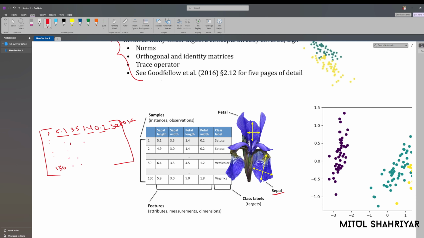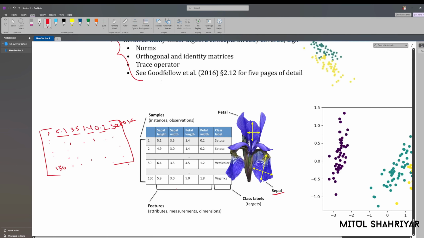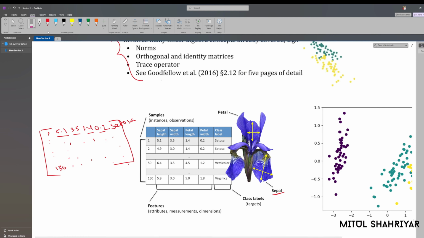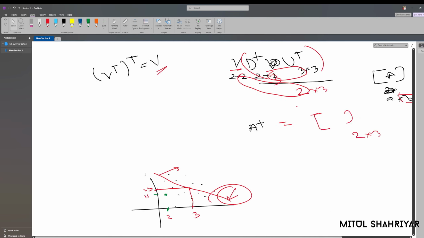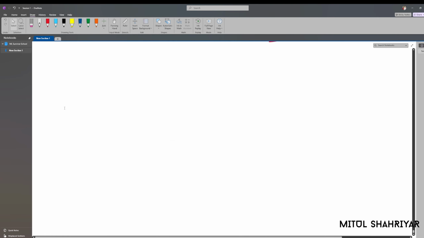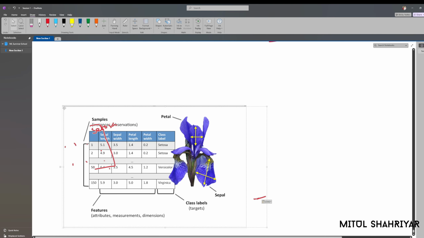Now, interestingly, you have to understand what's happening. Let me take this and copy it here. Let me show you how real world data works.